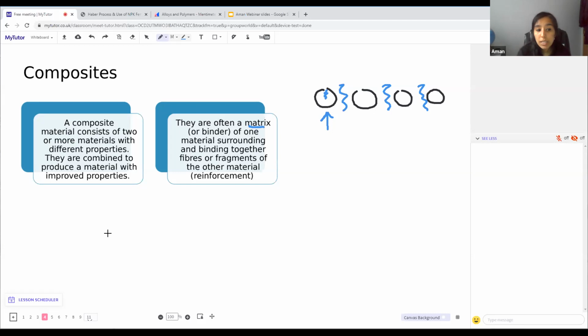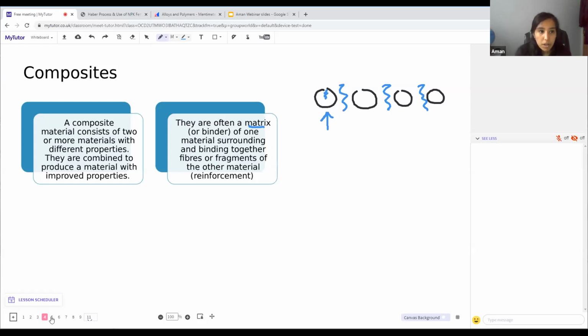What's really important is there are no exam questions currently out on composites, but predictions suggest that they might ask you to suggest which one would be the matrix and which one would be the reinforcement in a certain material. So it's important to know the difference between them. Any questions on that at all? You need to know that the matrix is the binder and that the reinforcement is kind of the main material that's being bound together.